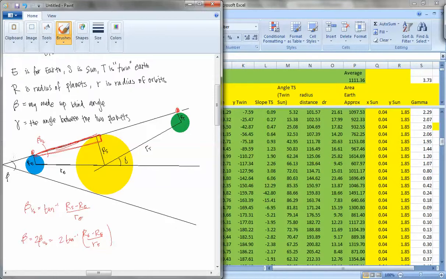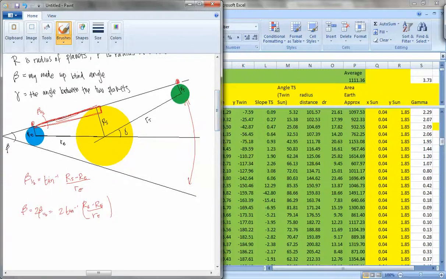What is beta such that if the planet is anywhere in this region right here, you will not be able to see it from Earth because the sun is blocking it? That's a function of how big the Earth is, how big the sun is, and how far away you are from the sun. I recognize a little triangle right here, and the height of this triangle is the radius of the sun minus the radius of the Earth.